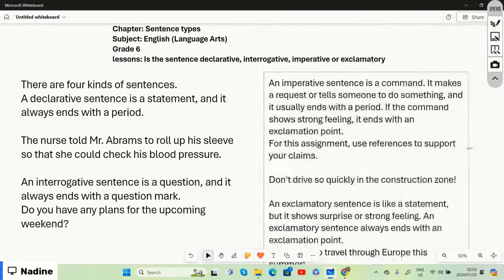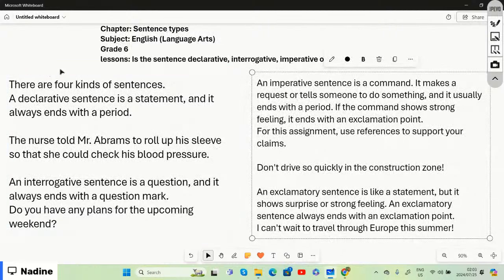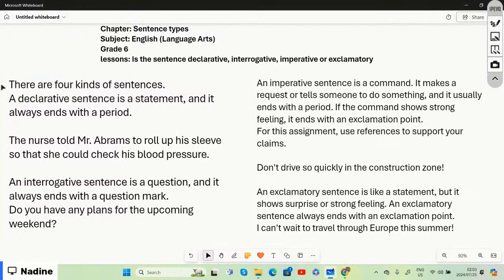Our chapter is sentence types. We are going to find out about the four kinds of sentences.